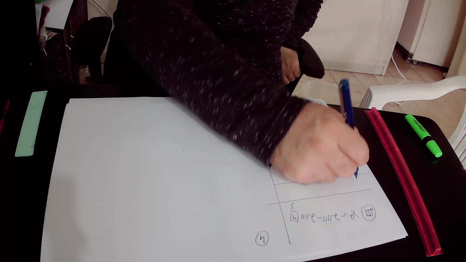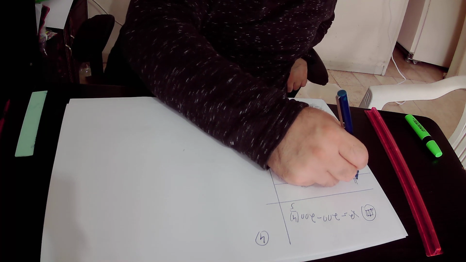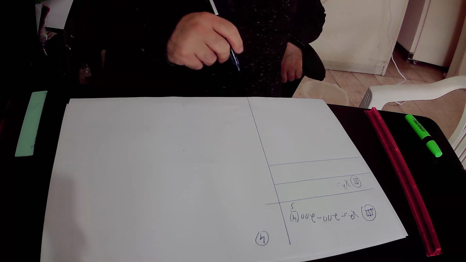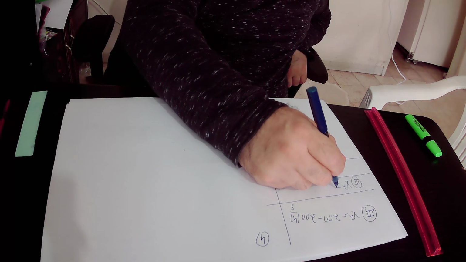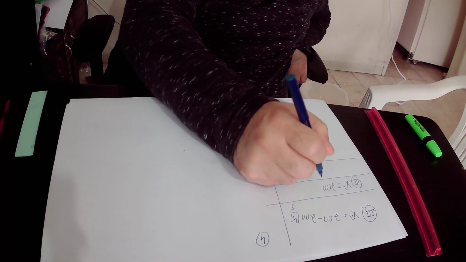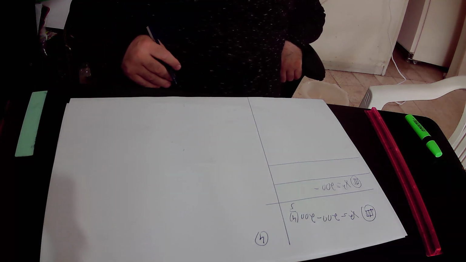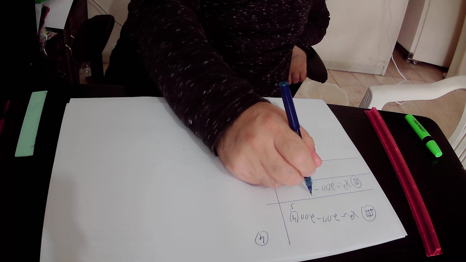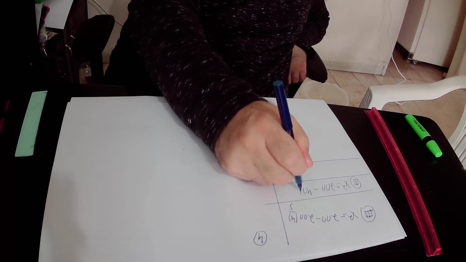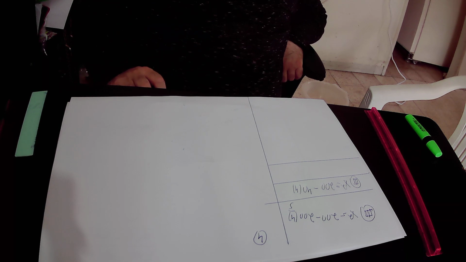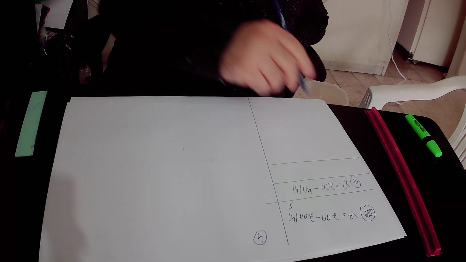So according to question number 3, x squared equals 200 minus 200 over 5 is minus 40, and we have also here 4, so we got that x squared equals 200 minus 40 times 4.